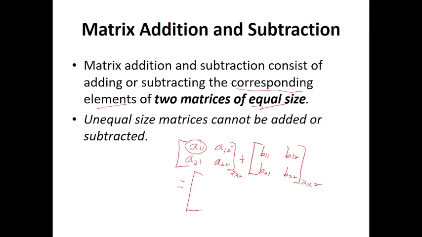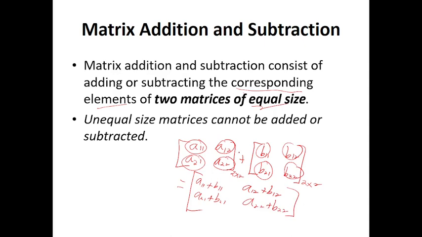So A11 and B11 are the corresponding elements. So A11 plus B11, then A21 plus B21, then A12 and B12, then A22 and B22. Okay, and if this is subtraction, we just replace this with minus.